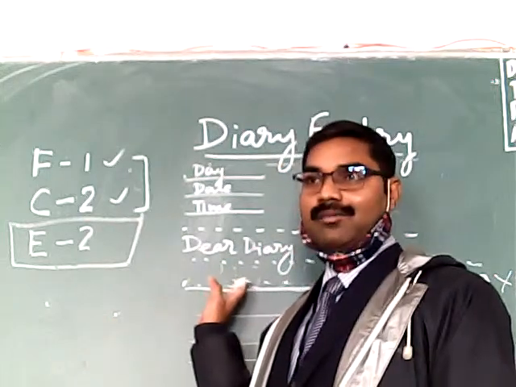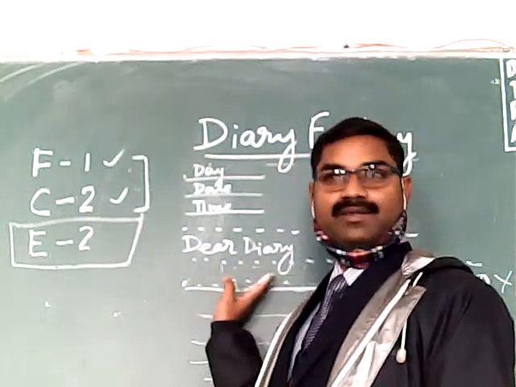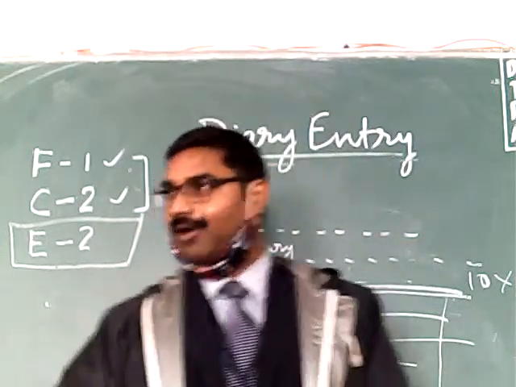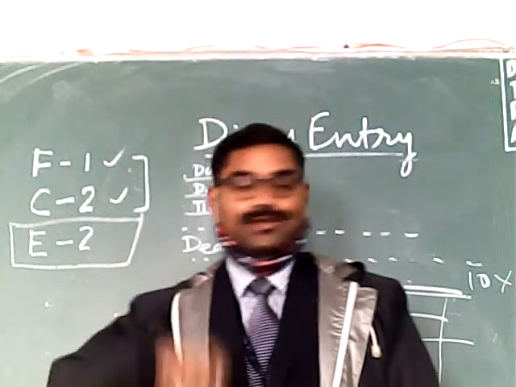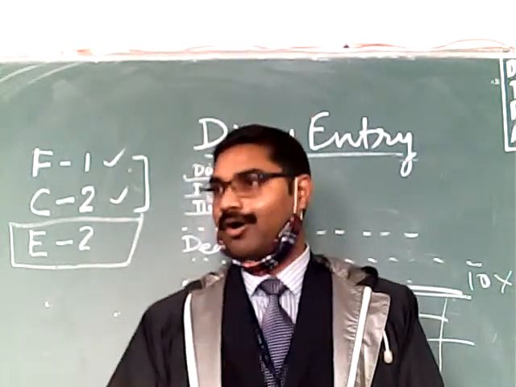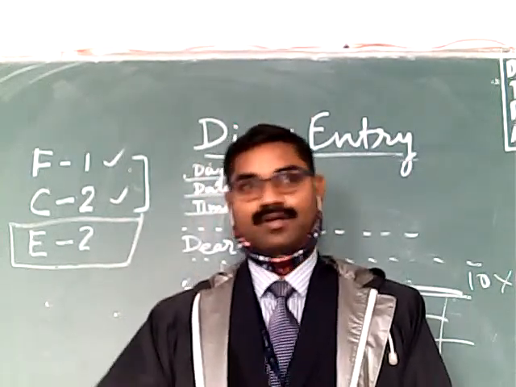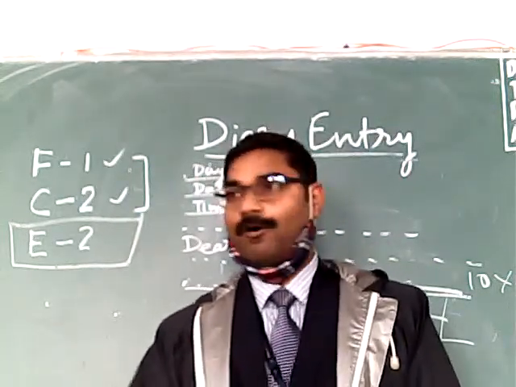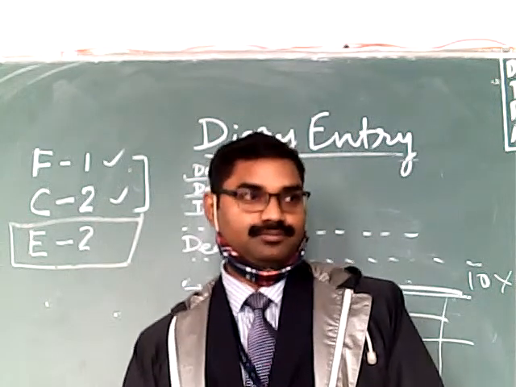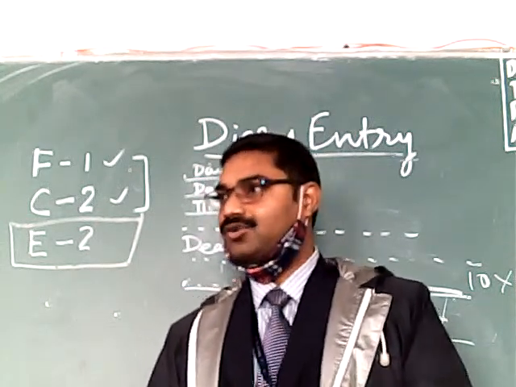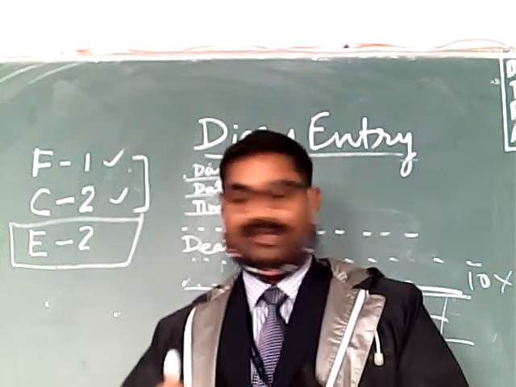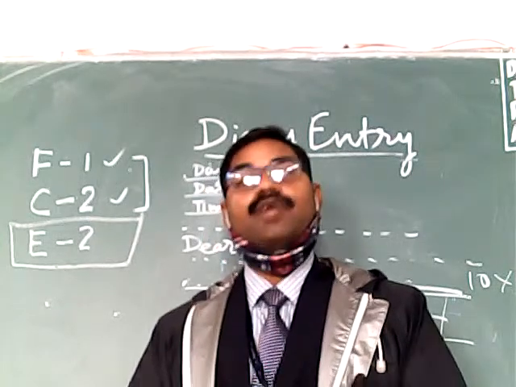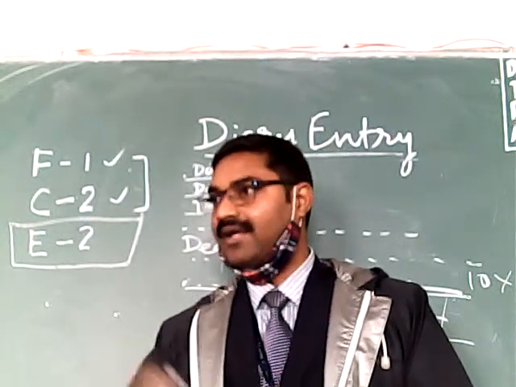I woke up early in the morning, took a bath, and a wonderful cup of tea was waiting for me there. I consumed it. My mother called me for breakfast. I packed it in my bag and left for school. When I reached school, reached, left, took, these are the words in the second form. Notice these things. In this way you will have to write the diary entry.